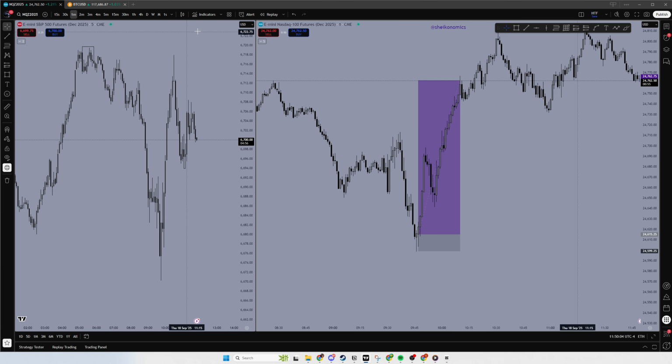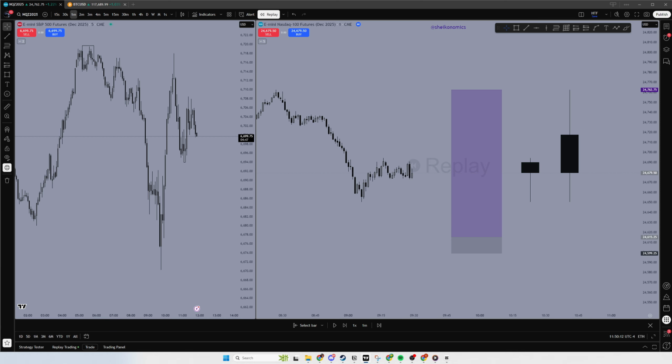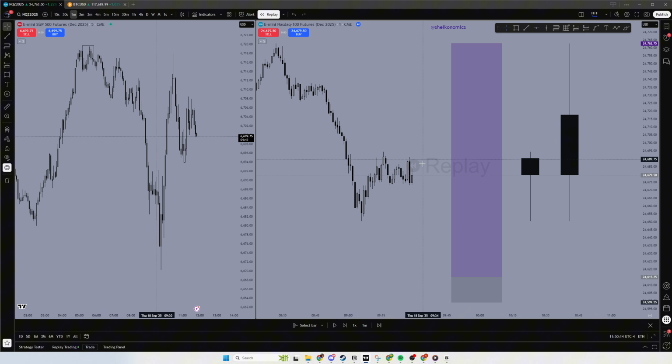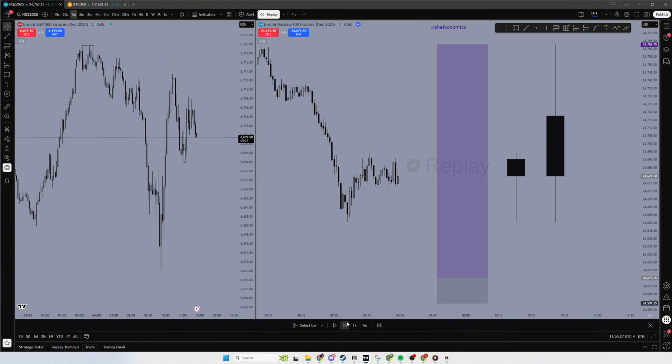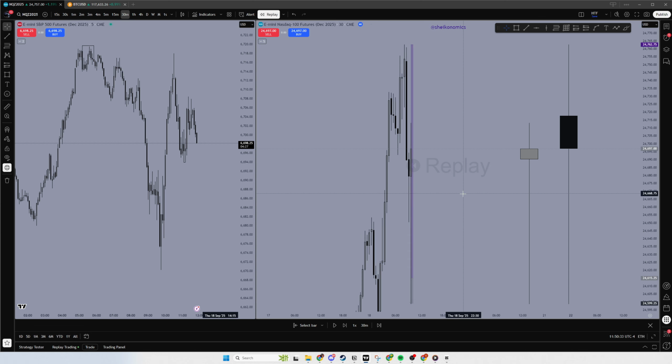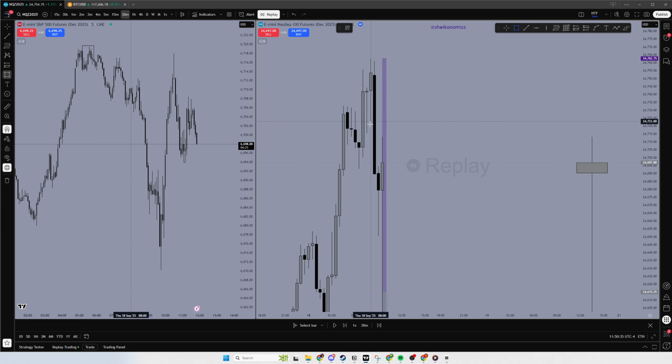So let's get started. First off, we have accumulation pre-market as per usual. Now we have 9:30 open. We initially open up into this 30-minute unfilled gap.